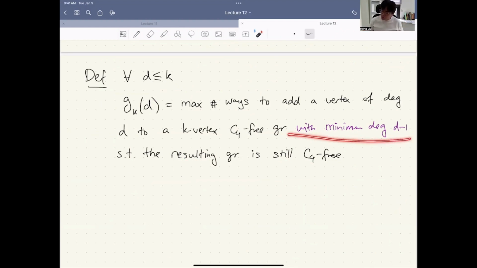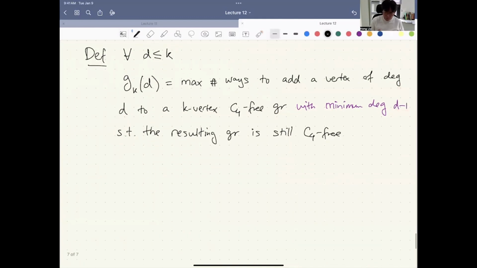This will help us to guarantee that we always add a vertex to a graph where this graph is dense, so that we can use convexity to prove the auxiliary graph is locally dense. And on the other hand, we also make sure that the degree of this new vertex is not very large compared to the minimum degree of G.